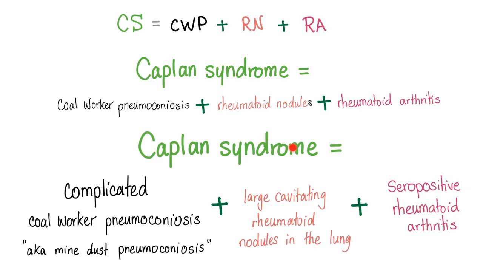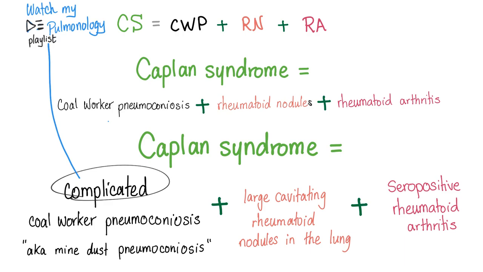Let's make it harder. Caplan syndrome is complicated coal workers' pneumoconiosis, because there are two types of coal workers' pneumoconiosis. There is the simple one and there is the complicated one. This is also known as mine dust pneumoconiosis, that's an archaic term. Plus rheumatoid nodules, be specific: large, cavitating rheumatoid nodules.